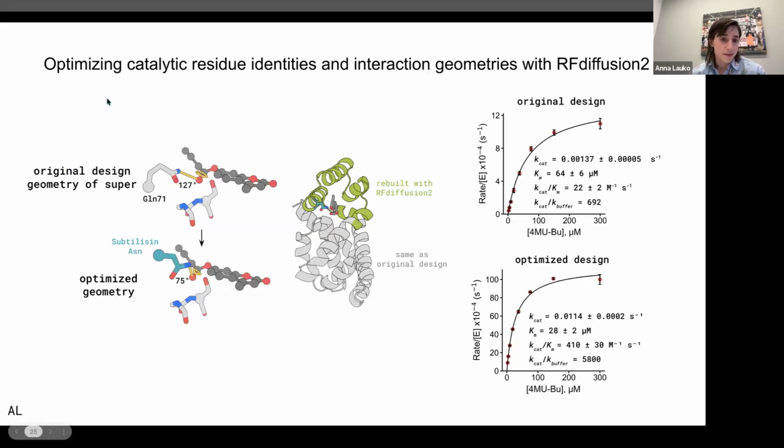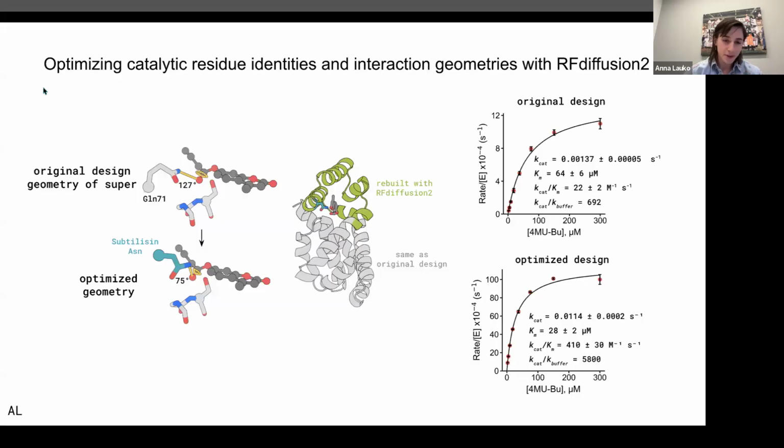One of these differences that we noticed is in the angle of the second oxyanion hole residue. It's been found that this residue is usually out of plane with the substrate carbonyl. What we noticed is that the hydrogen bond from our second oxyanion hole residue is more in plane.